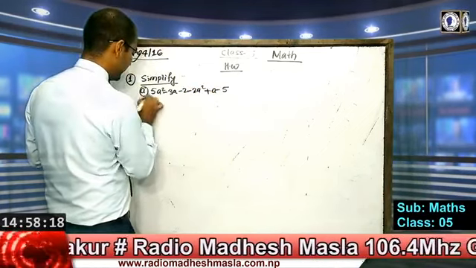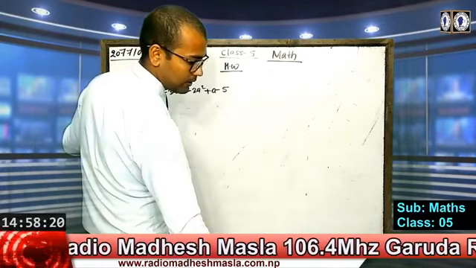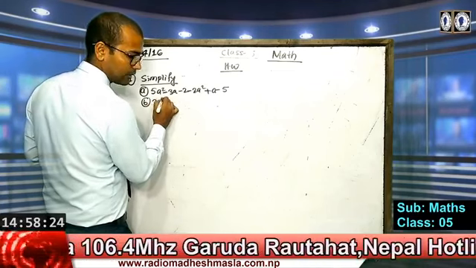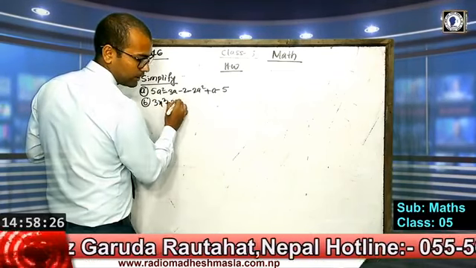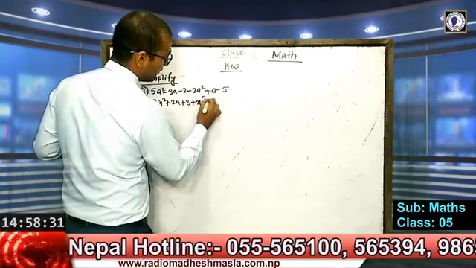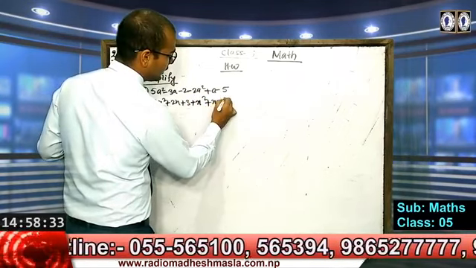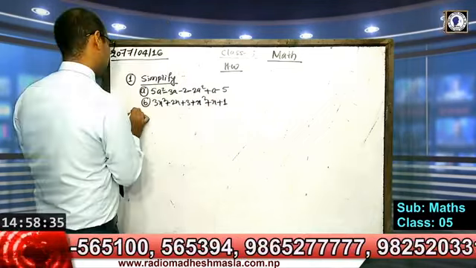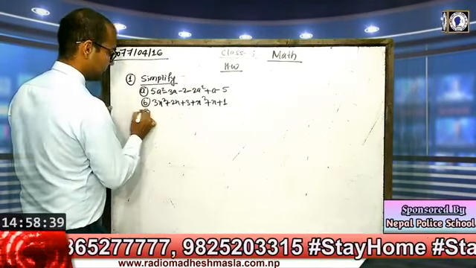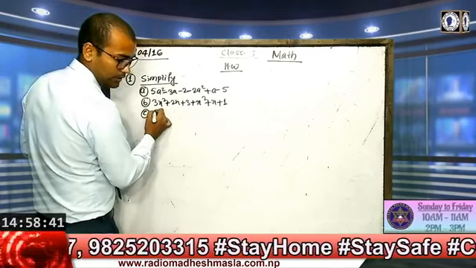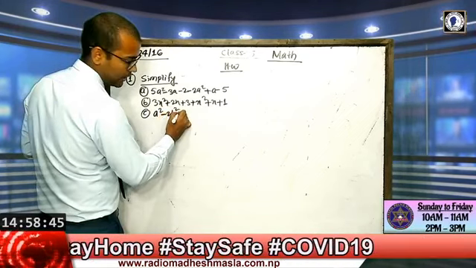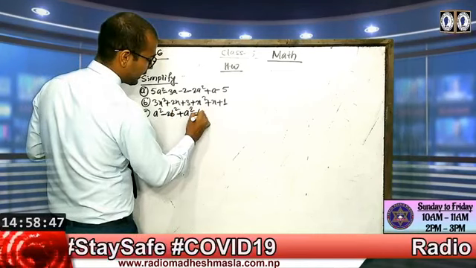Question B: 3x square plus 2x plus 3, plus x square plus x plus 1. In the same way, question C: a square minus 2b square plus a square minus b square.